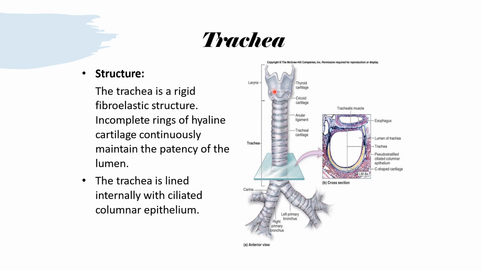And internally, the trachea is lined by ciliated columnar epithelium. As we have studied in the histology of the respiratory system, the trachea is lined by pseudostratified ciliated columnar epithelium.